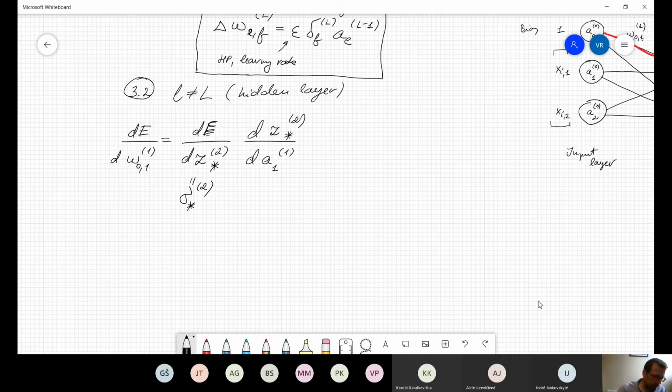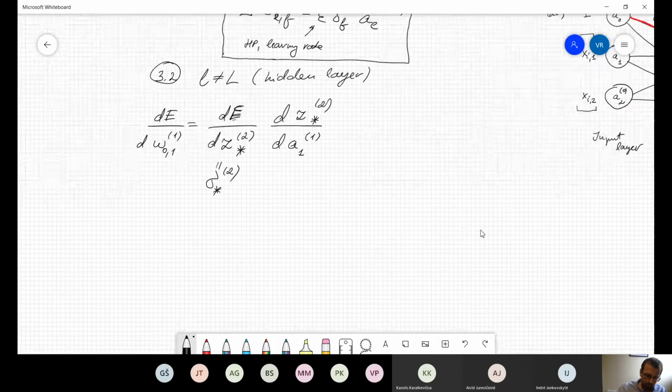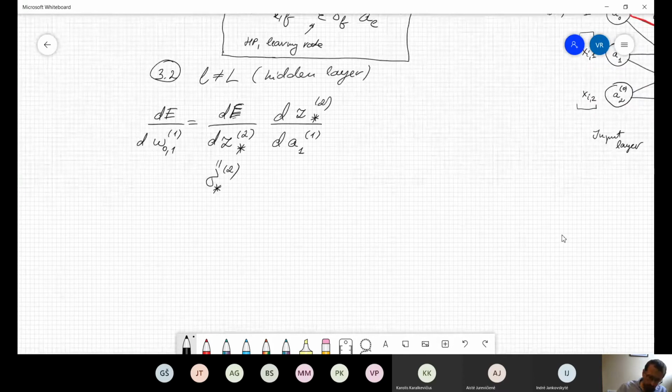Activations on the first layer. So we need activations on the first layer to be backpropagated, right? So this is equal to W1, which connects to the second layer, on the second layer, right?